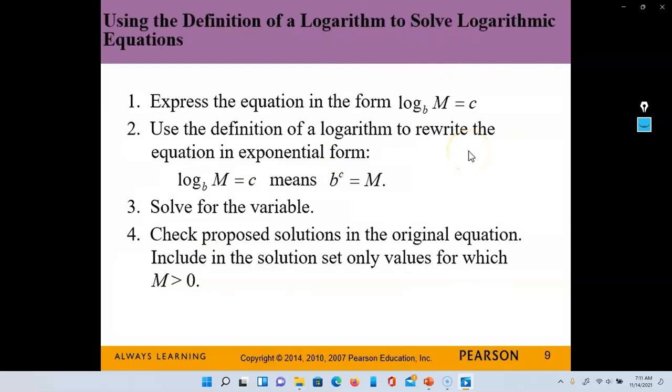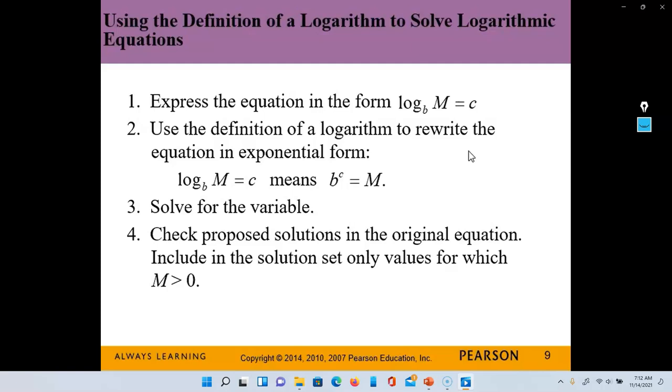Using another skill from our past lessons, definition of logs to solve logarithmic equations. We want to express the equation in its log form and use the definition of logarithms to rewrite the equation in exponential.